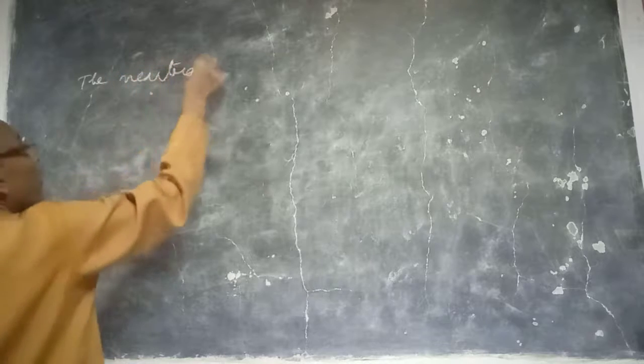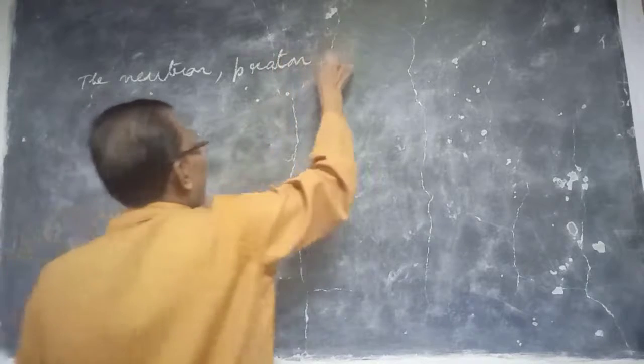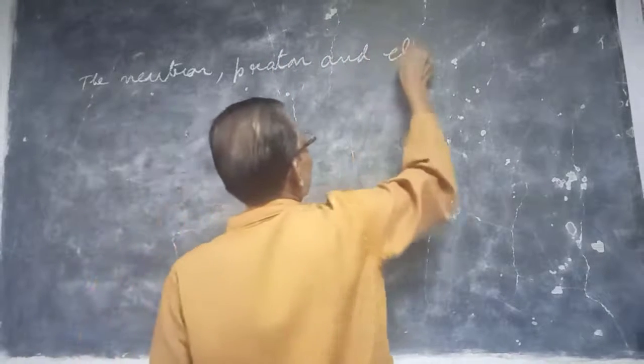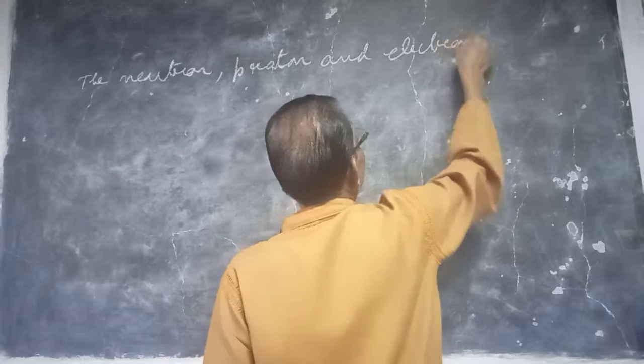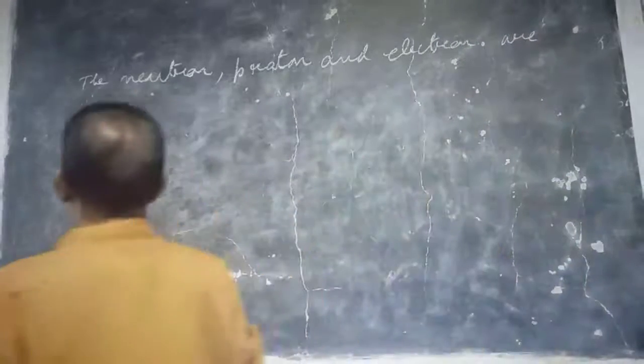The neutron, proton and electrons are all fermions, spin half particles.